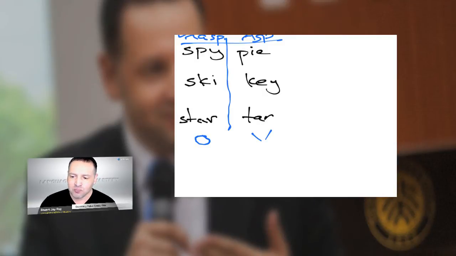Okay, and finally, sta, ta, ta, sta, ta, spy, pie, ski, key, sta, ta. So now let's say it without the initial letter and we'll compare the two. Pie, pie, ki, key, ta, ta.